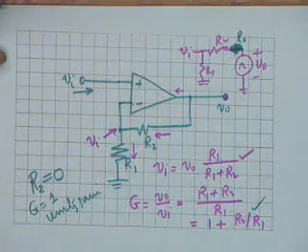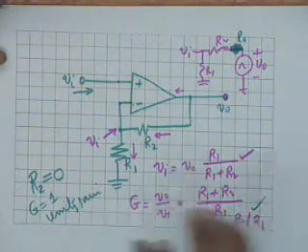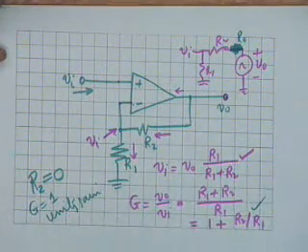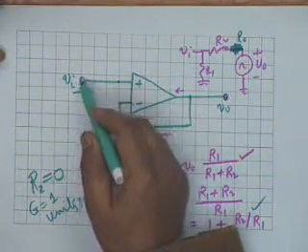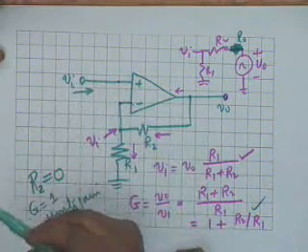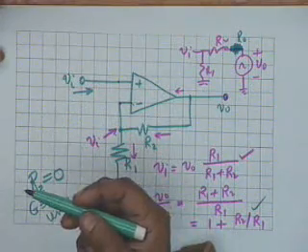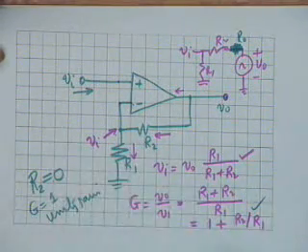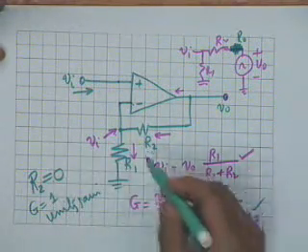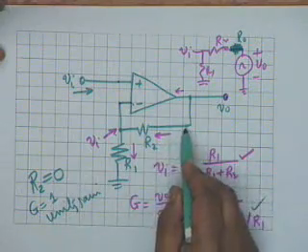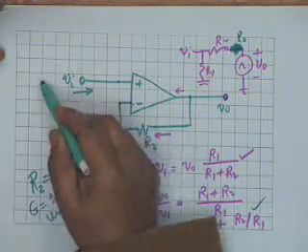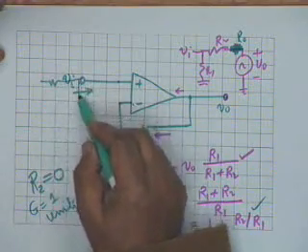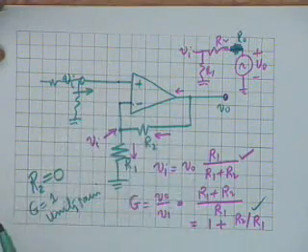Can't you suggest a very simple procedure? Why don't you, before applying to here, attenuate by the required factor? Suppose I want a gain of half. Then what I do is I make R2 equal to 0, R1 equal to infinity, and then I use a potential divider here. That's it.